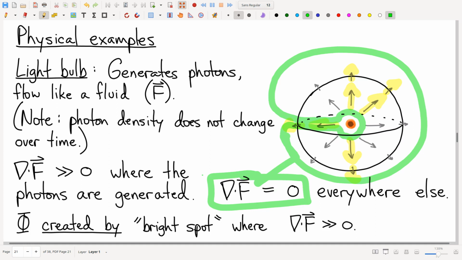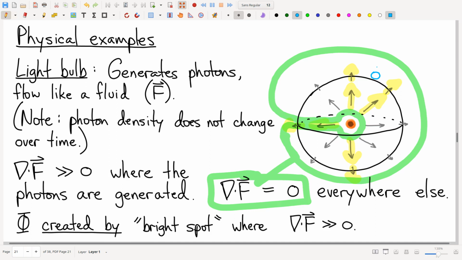Okay. And, by the way, I claim that that's physically satisfying in the following sense. If you think about some surface hanging out over here, some little surface about right here, let's say. Let's think about flux going through that little closed surface. Well, there's photons shooting through that surface all the time. There's a light bulb right here. Lots of photons.